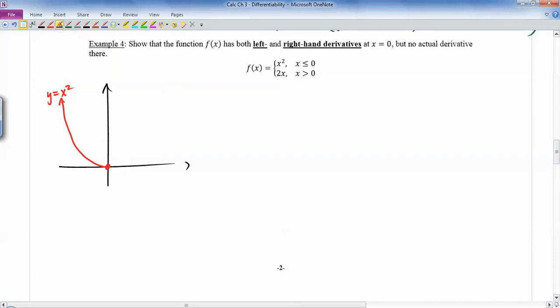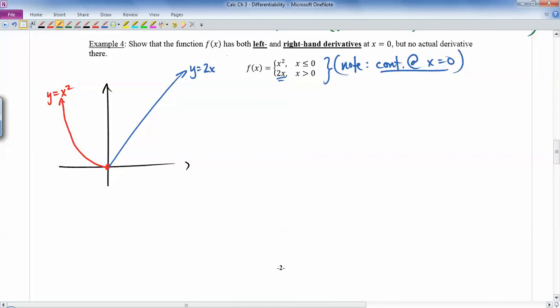On the other side, y equals 2x is a straight line like that. Notice they're connected, so it's continuous at 0, 0. So let's note, it's continuous at x equals 0. That'll come in handy for problems that come up later.